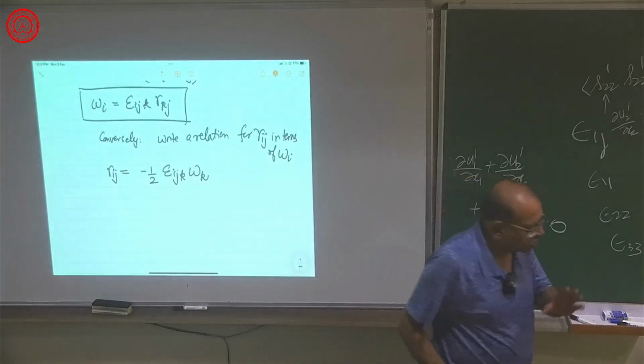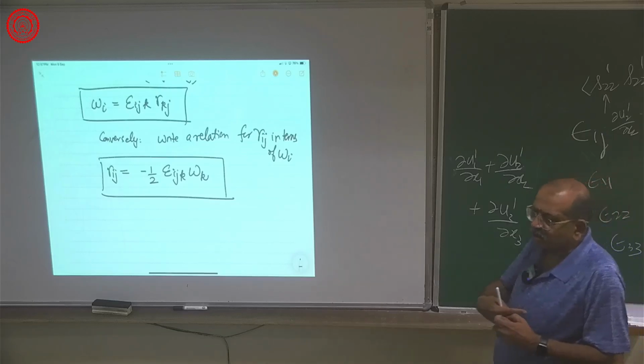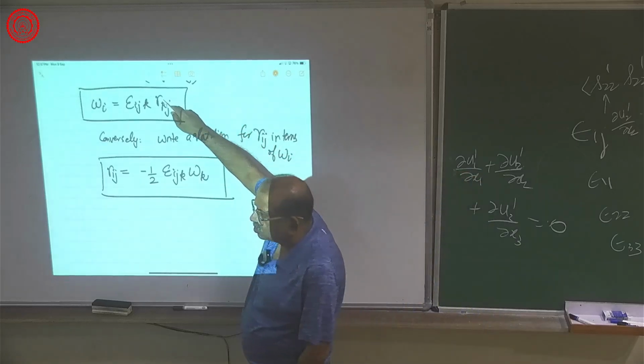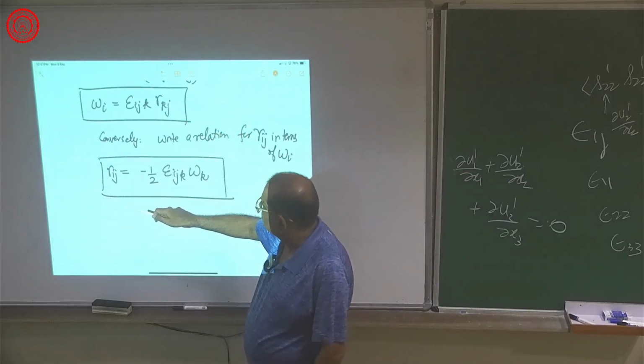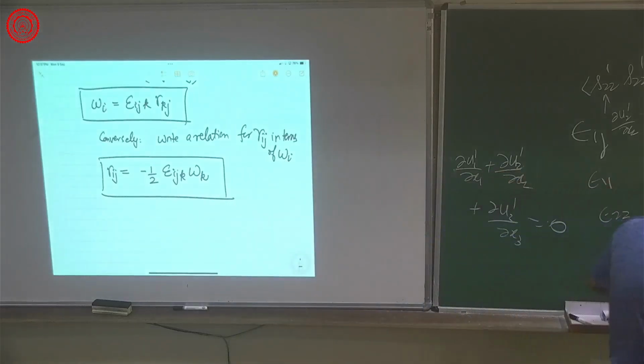So first let's just write the relation. These are the 2 relations: how the anti-symmetric part of the tensor is related to the vorticity. Now how to do this?